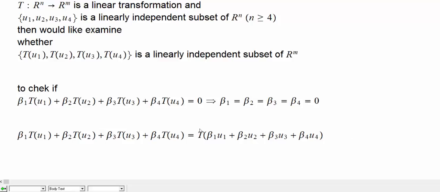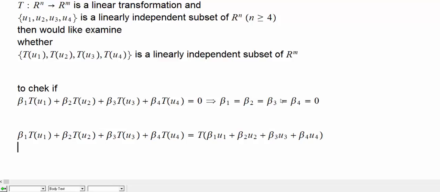And the reason is simple, as we just said, that it's not necessary that if the image is 0, the pre-image is also 0, or that only 0 is landing at 0.